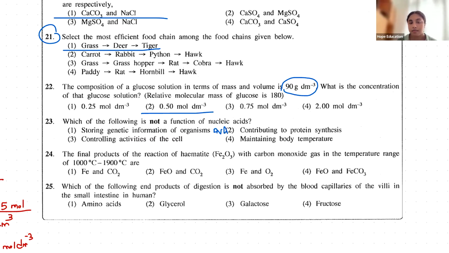Controlling activities of the cell. Which nucleic acid does it?